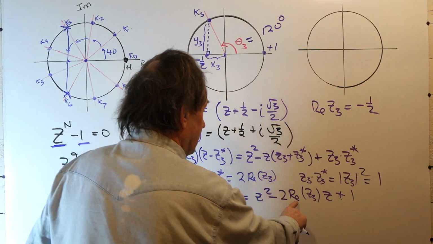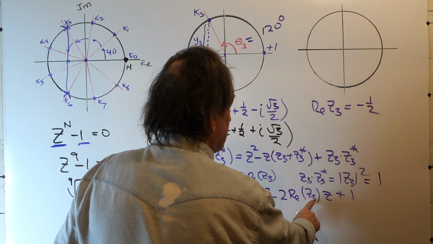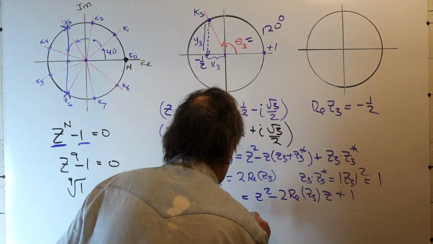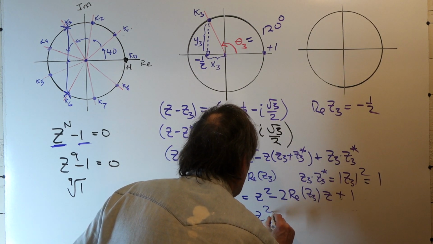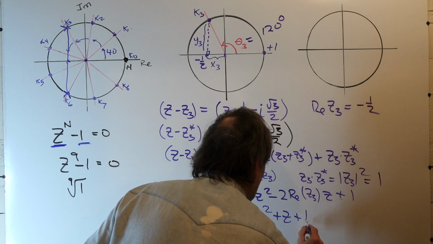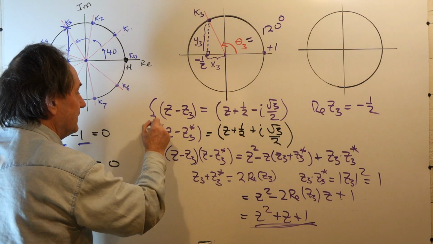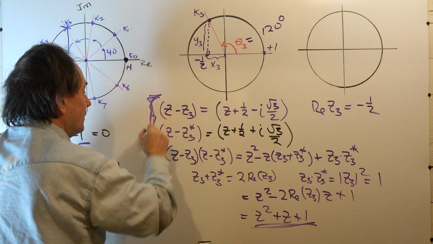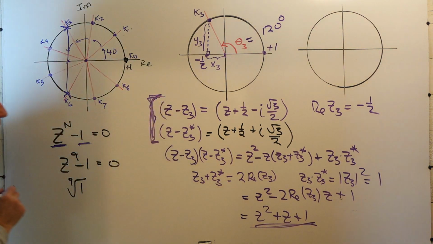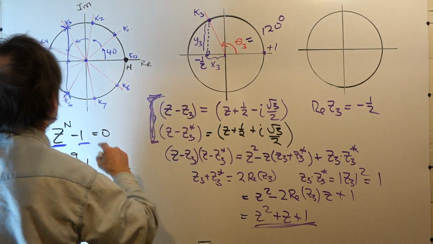So putting that in, the real part of z3 is minus 1/2. We have a minus 2 times a minus 1/2, which is positive 1. So the equation now becomes z squared plus z plus 1. So that is the quadratic factor corresponding to these two complex roots, a complex number and its complex conjugate.